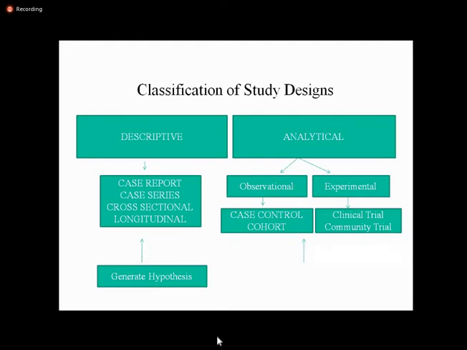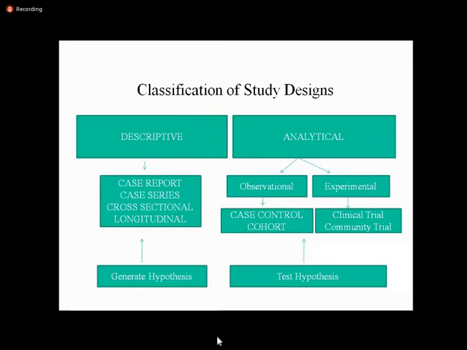You are not testing the hypothesis, but you are generating a new idea, a new perspective on any rare or new disease. On the other hand, when you have got some information from these studies regarding the new cases, then you go to a more advanced level to test the hypothesis.